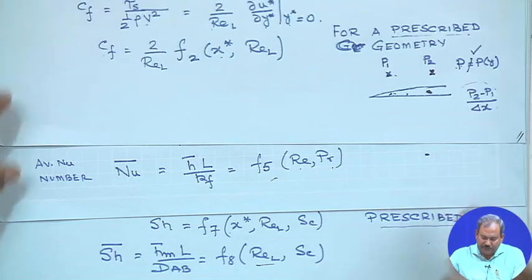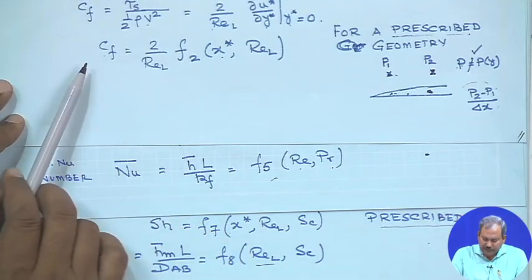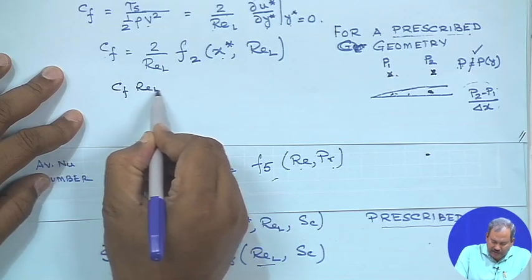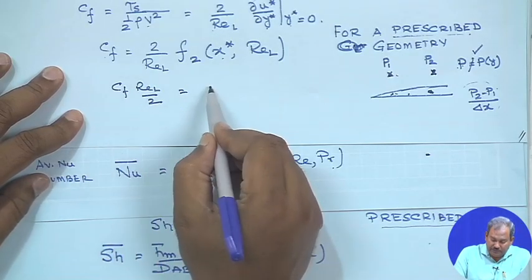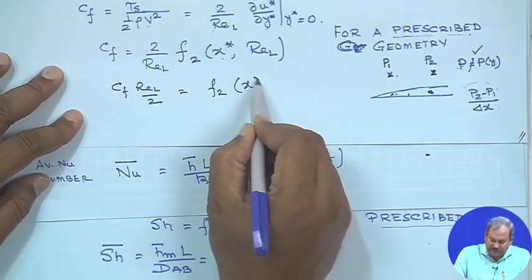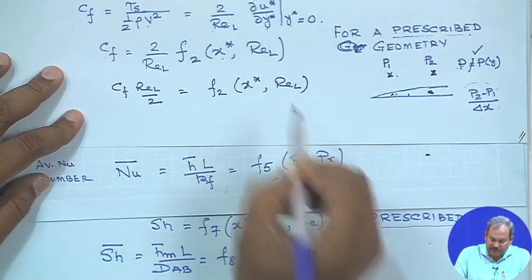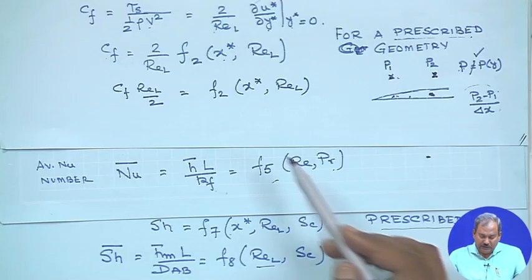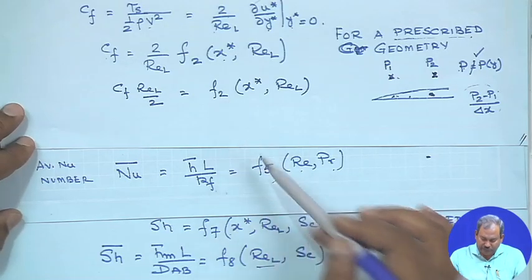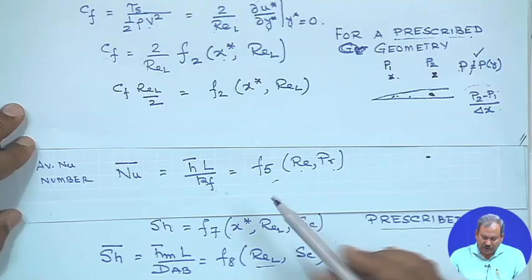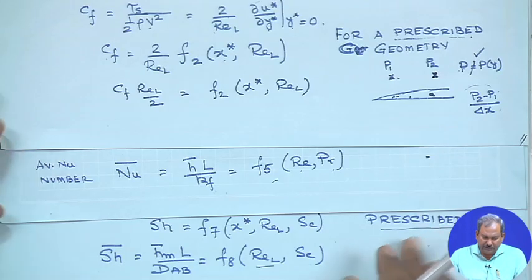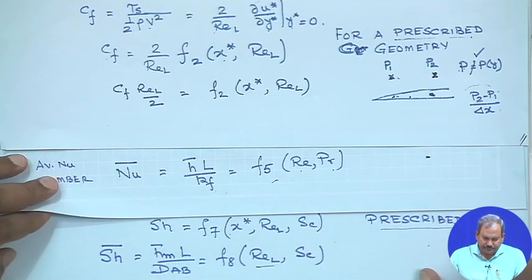And if you compare that with Cf, the friction coefficient, or rather Cf Re_L by 2, this would simply equal f2 of x star and Re_L. So, these three, f2, f5 and f8, together would give you some idea about how we can try to get a relationship between all these things.